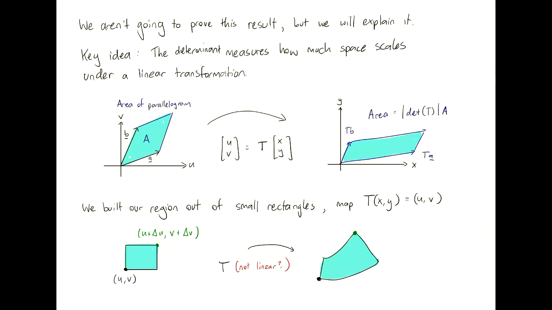Question mark. And we want to know, well, what is the area? Question mark. But of course, our rectangle is going to be small, which means this delta v and this delta u will be small. And that means that we can start to do things with approximations.